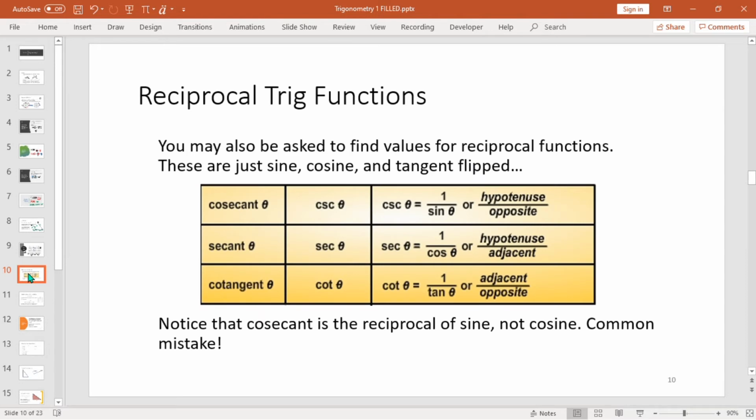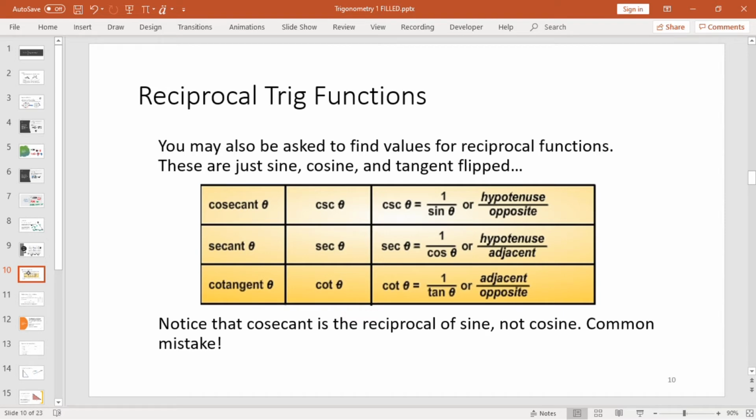All right, so we have our 3 primary trig functions, and then we have 3 reciprocal trig functions, okay? All they are is the flipped versions of the ones, and they're just irritating because they don't go with the ones you expect them to. So if you were to take the reciprocal of sine, you would end up with cosecant.